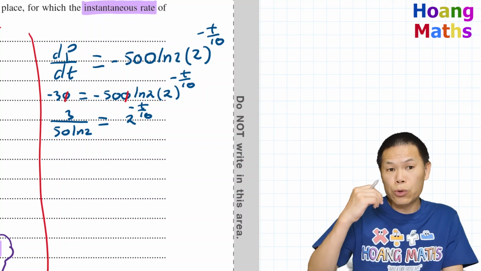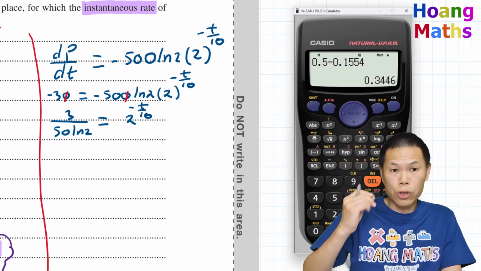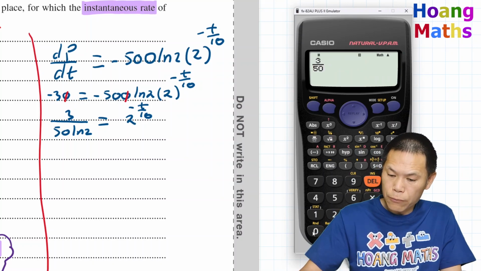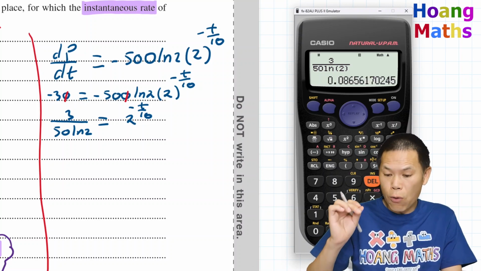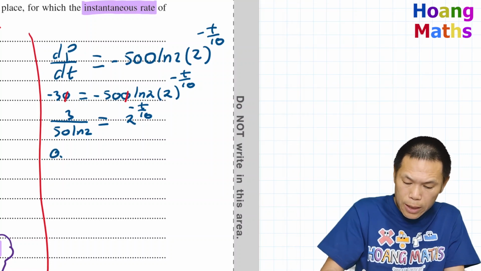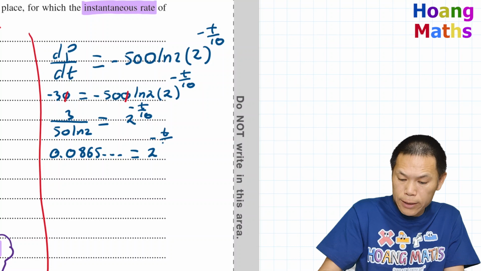So let me just use the calculator, work out the left hand side first. So just go 3 over 50 ln of 2, close brackets. So there you go, 0.0865 and so on. So 0.0865 equals 2 to the negative T over 10.